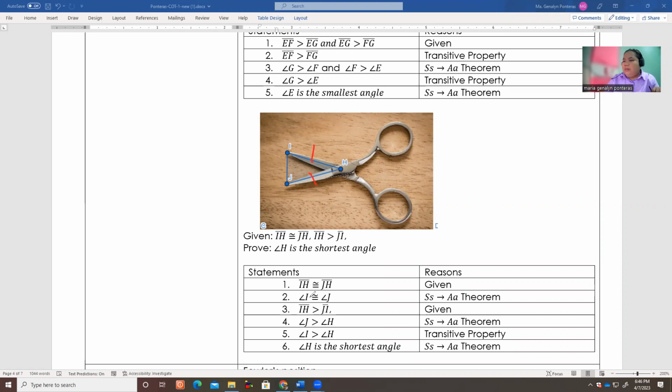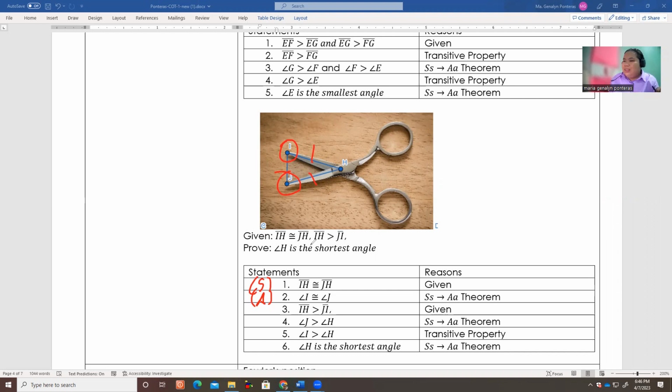So first statement given. So what would be the effect if we have the congruent sides? Magte-take effect siya sa angles, no? Sa opposite angles nila, which is angle I is congruent to angle J. So that is side to angle theorem. Kasi, una nating na-mention ang side followed by the angle. Then the third one, what would be the effect? Ibig sabihin, yung last side, siya na yung pinakamaliit, ano?